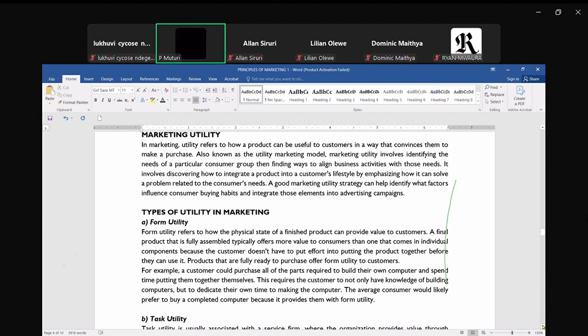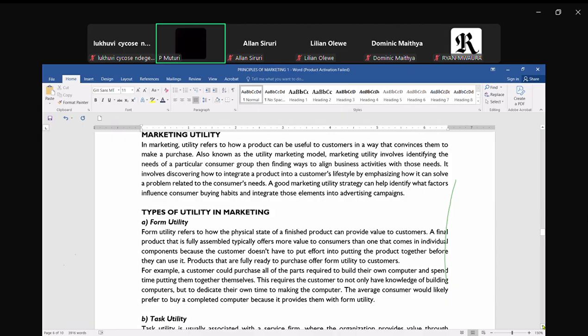So how you integrate a product into a customer's lifestyle by emphasizing how it will best solve their problem, or what we call in marketing, their pain points. Nowadays you find common use of terms like customer pain points. What is the pain point? What is it that the customer is looking to satisfy?